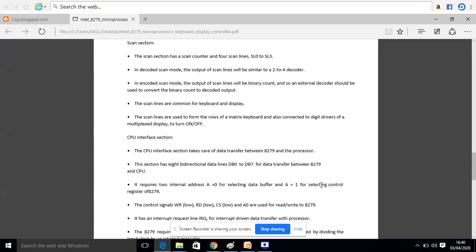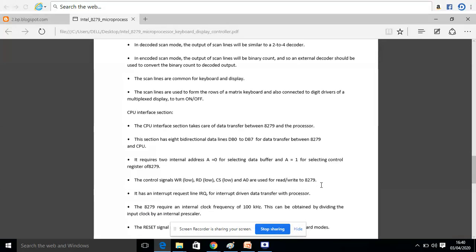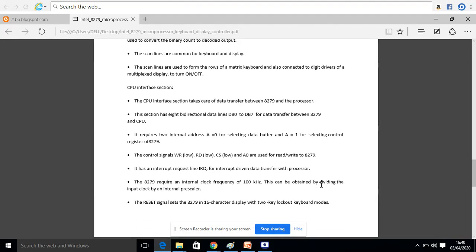Now, the fourth section is the CPU interface section. The CPU interface section takes care of data transfer between the 8279 and the processor. This section has 8 bidirectional data lines, DB0 to DB7, like other peripheral controllers we have seen, like 8255 and 8251.